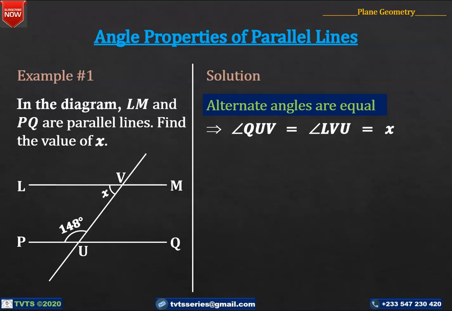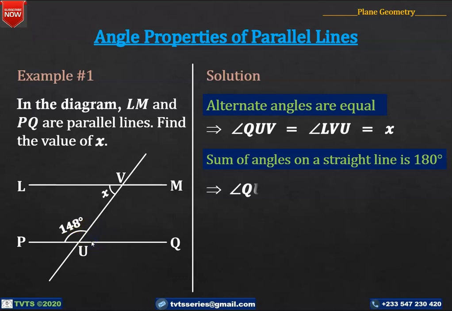The second hint is that angles on a straight line are supplementary. In other words, the sum of angles on a straight line is 180 degrees. This implies that angle QUV plus angle PUV is equal to 180 degrees. Angle QUV is x and angle PUV is 148 degrees.